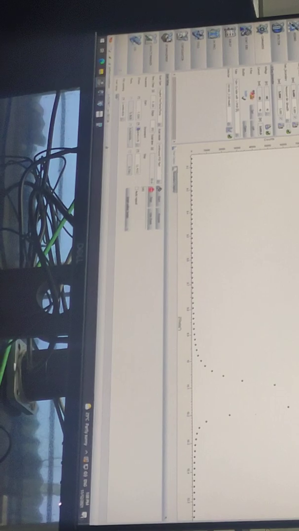So what I have to do? Still, I need to reduce the increment. Instead of 0.02, I have to make it 0.005, something like that, and do the measurement again. So you always have to optimize this.